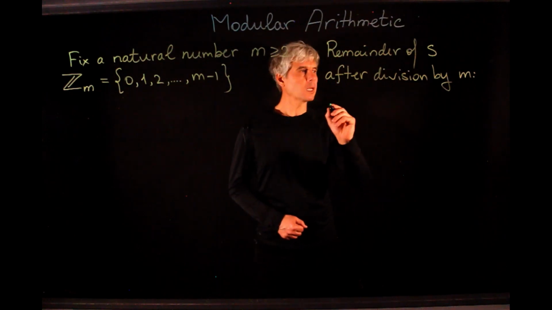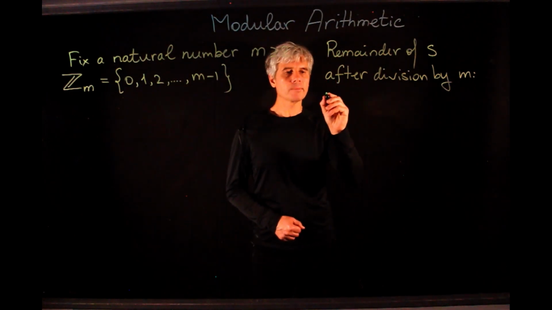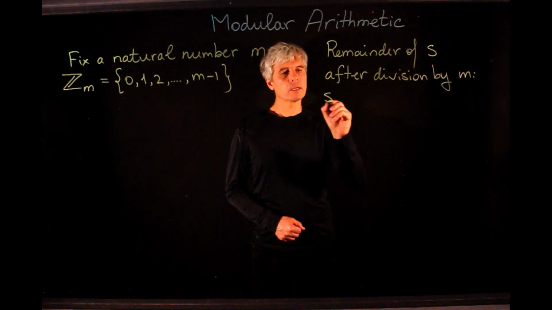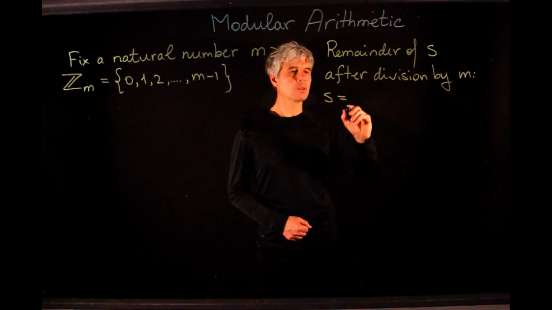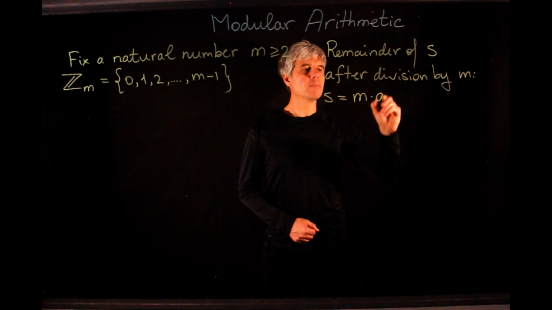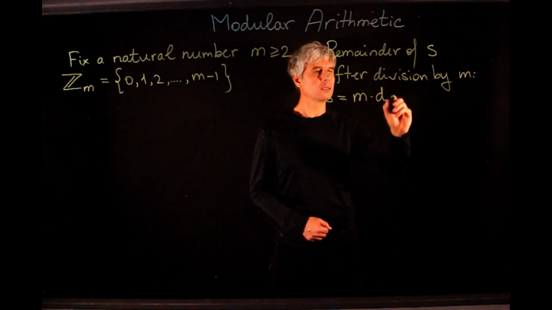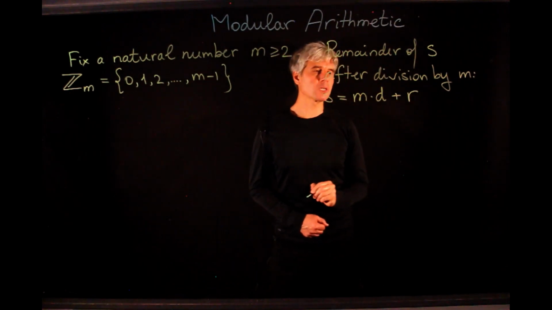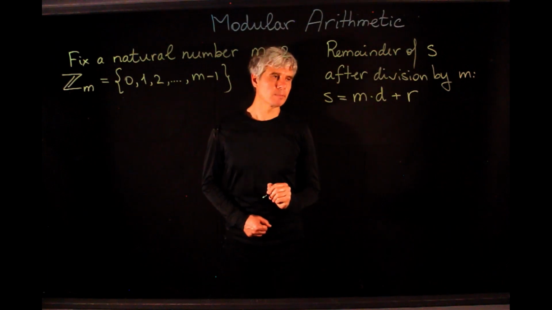What we do is we write s in the form, we take a multiple of m plus whatever is left is a remainder.